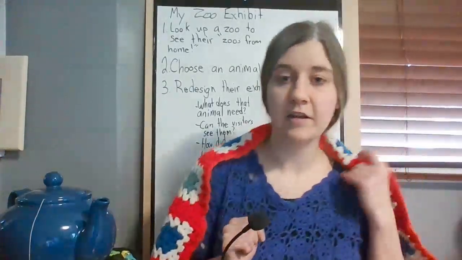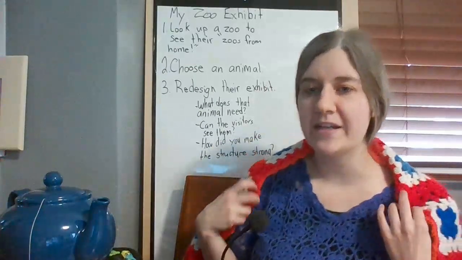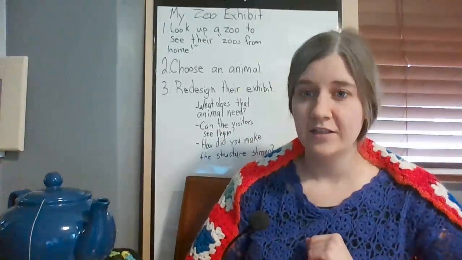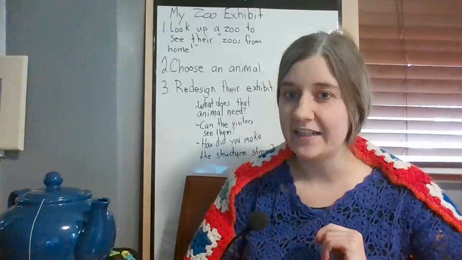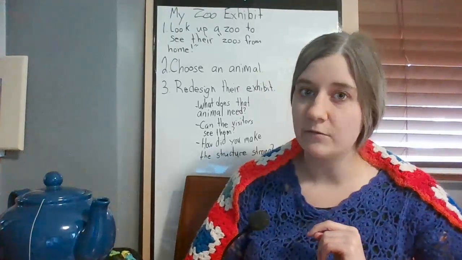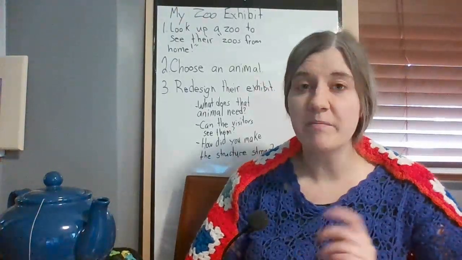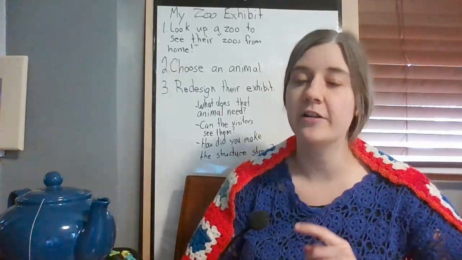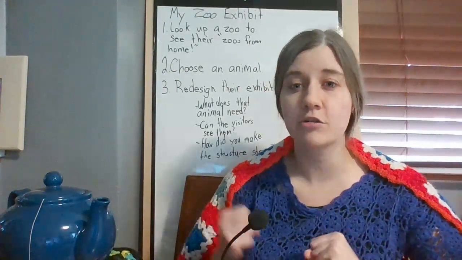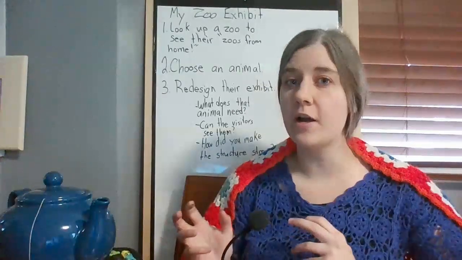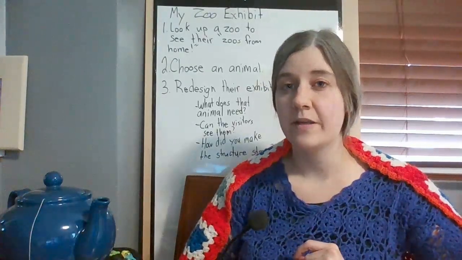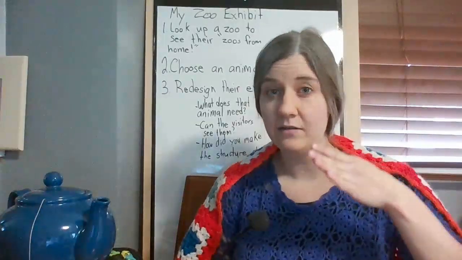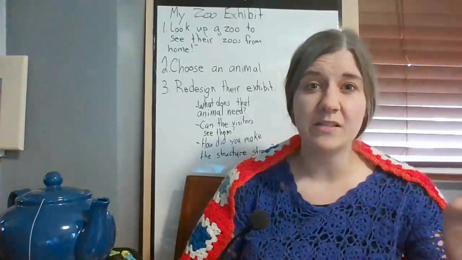And your last part is, how did you make sure your structure's strong? If I have a lion inside that cage, I don't want it getting out. Even if I have something littler like a monkey, they're really smart. How are you going to make sure their cage is strong? Your structure needs some strong elements to it to make sure that people can't get in and the animals can't get out.